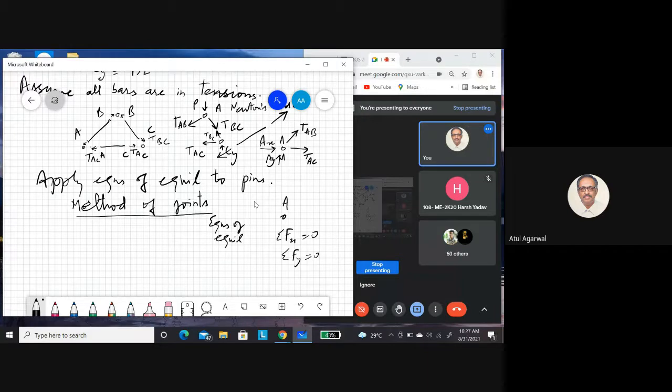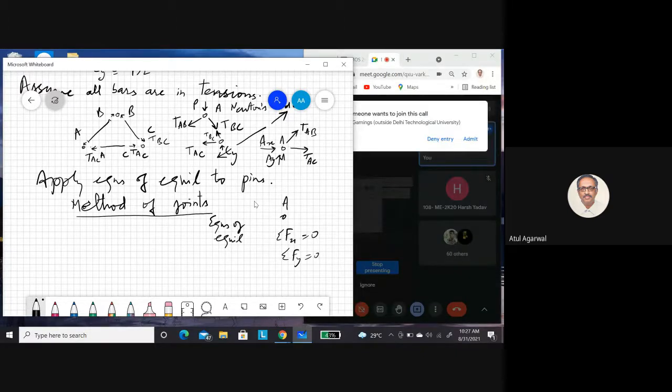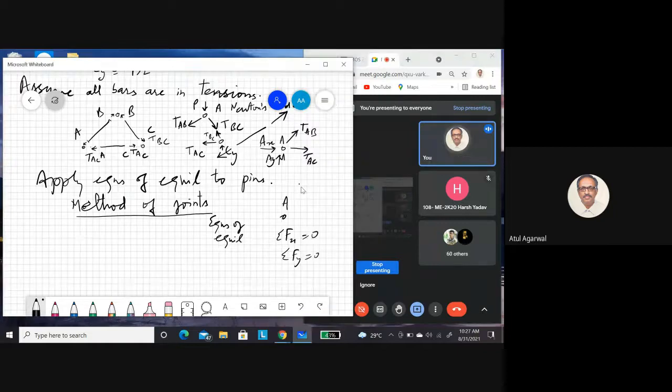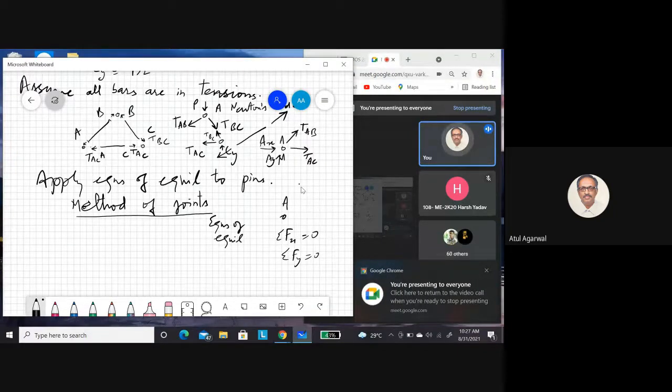So you have these two equations of equilibrium. You choose a joint which has only two unknowns, otherwise you can't solve it. Here all the joints have only two unknowns.